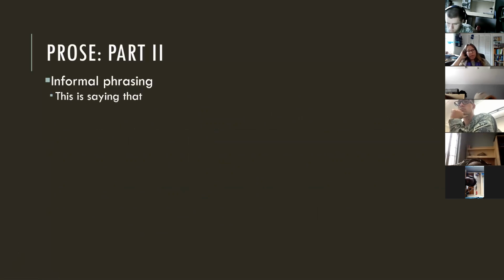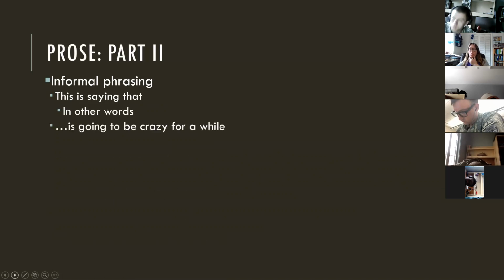So, informal phrasing. Be careful about typing the way that you speak. I would see a lot of students say, "this is saying that," which don't say that. That sounds terrible. You can say "in other words" instead of that. Or "whatever is going to be crazy for a while."